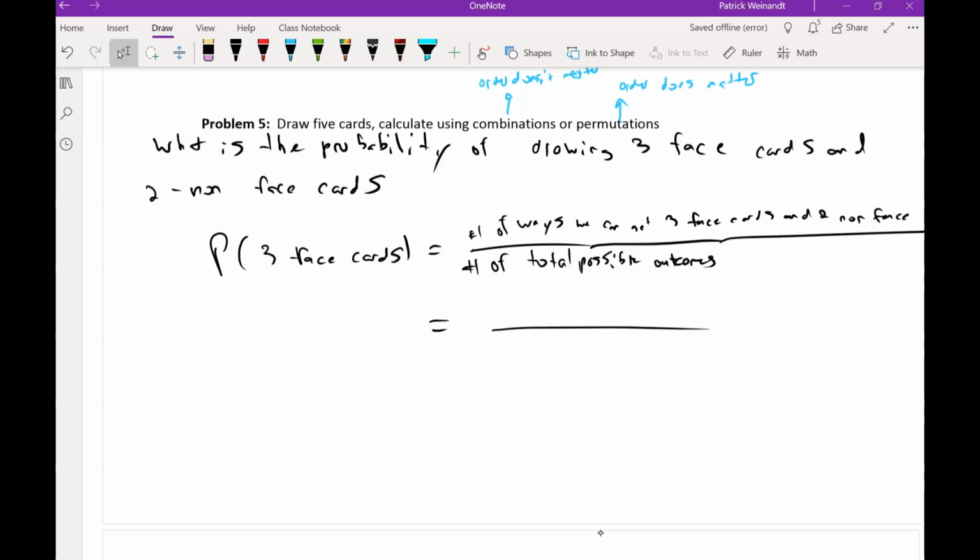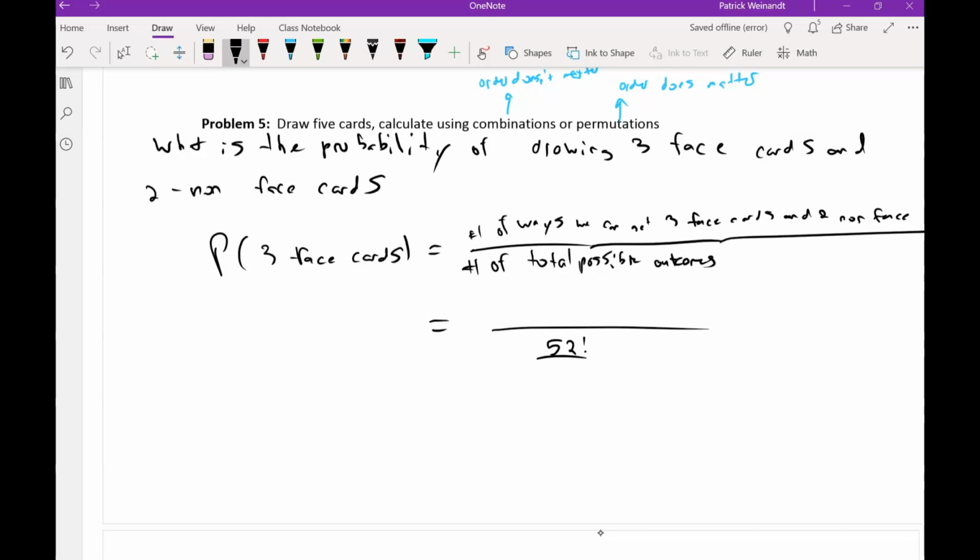So we're going to do combinations, 52 choose 5. So we have 52 cards to choose from. We're choosing 5 of them. Order doesn't matter, so we're doing a combination. 52 choose 5.